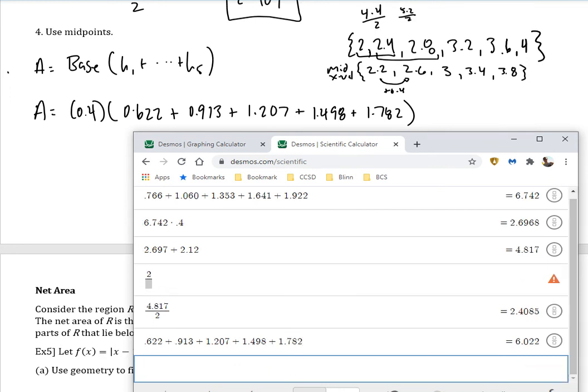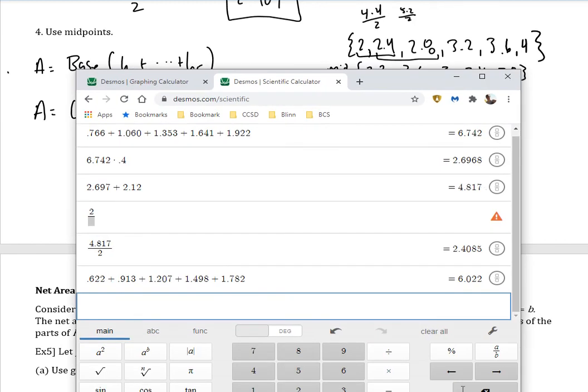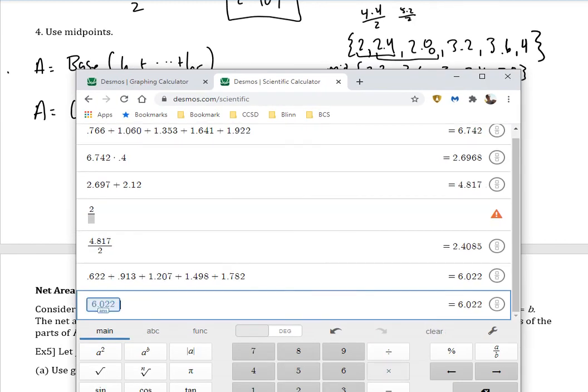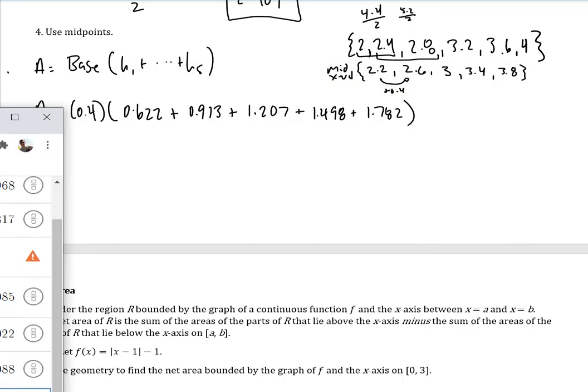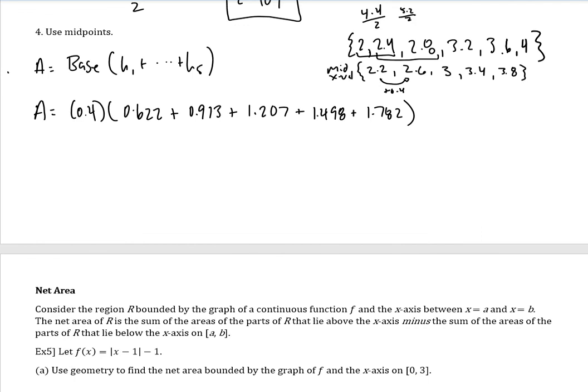So there's that, 6.022, and then we take that answer and multiply it by 0.4, and we get 2.409 to 3 decimals. So our area is 2.409 to 3 decimals.